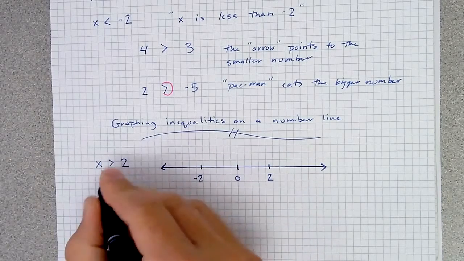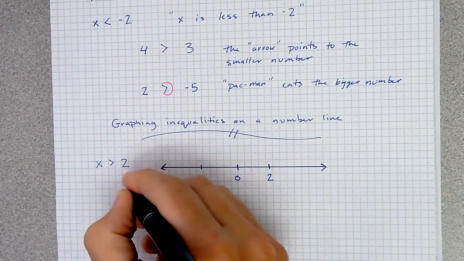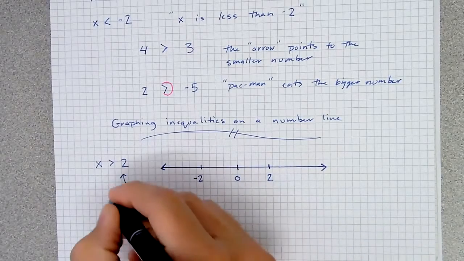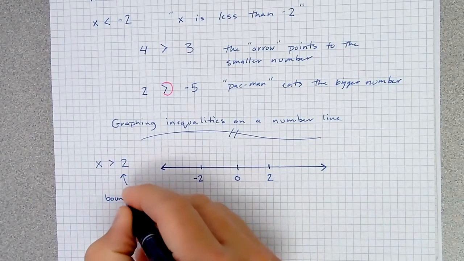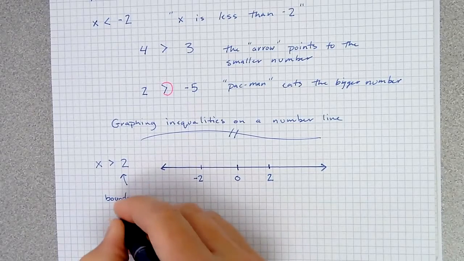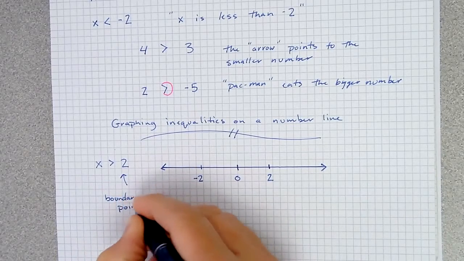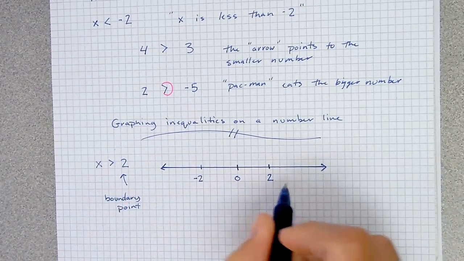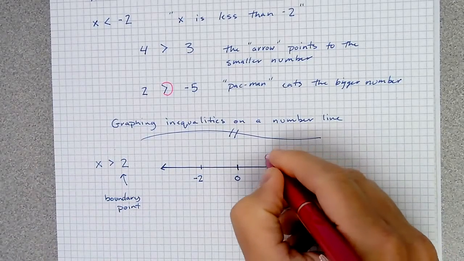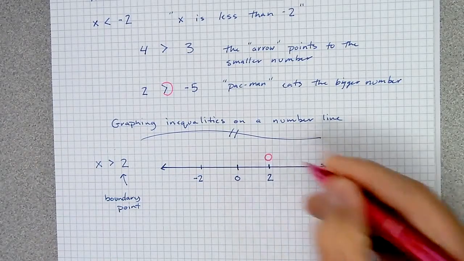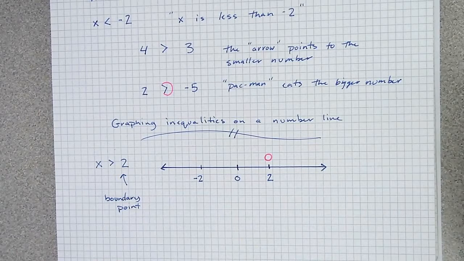Whenever we get x on a side by itself, the number that we are left with is called the boundary point. That's going to be the point that we go to on the number line, and we're going to draw a circle on that boundary point.